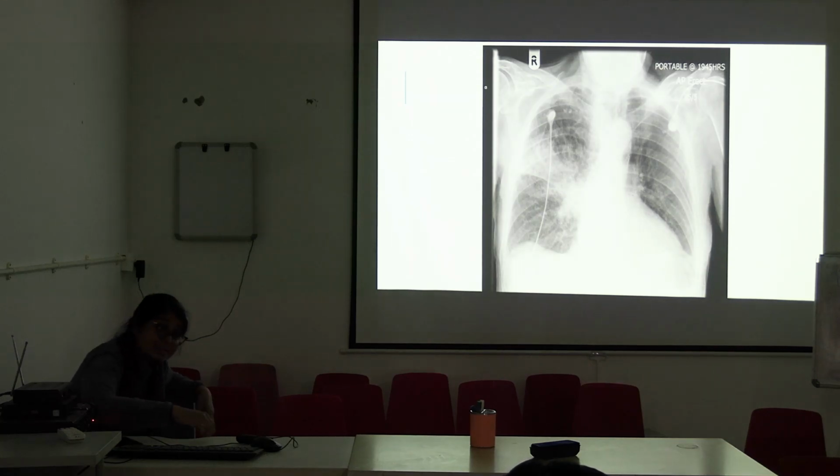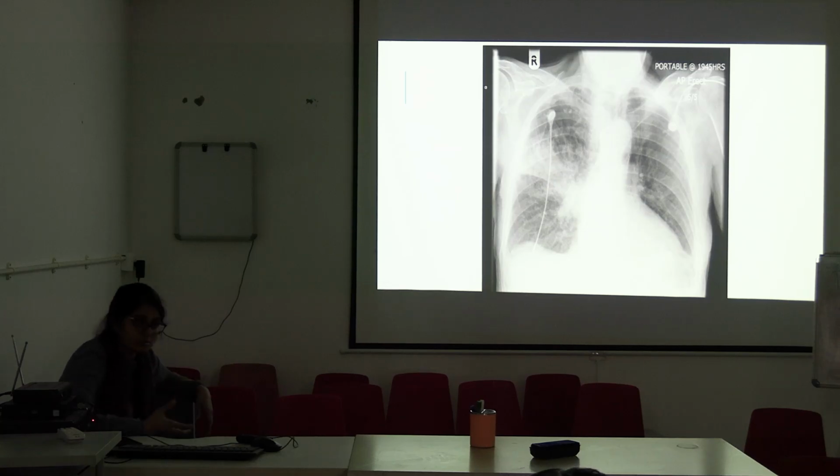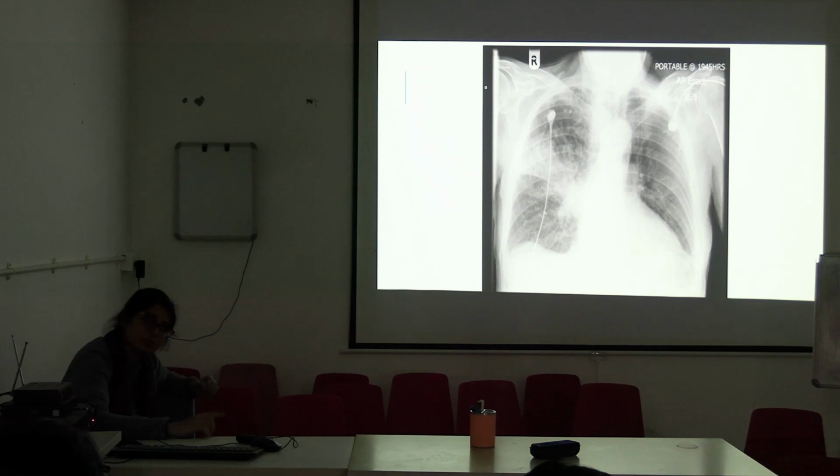You will see the lung has some topographical markings. That's why in the X-ray we talk about zones. When we are doing inspection, palpation, percussion, auscultation, we describe the findings in terms of zones. So you will also have to remember the topographical markings. Okay?